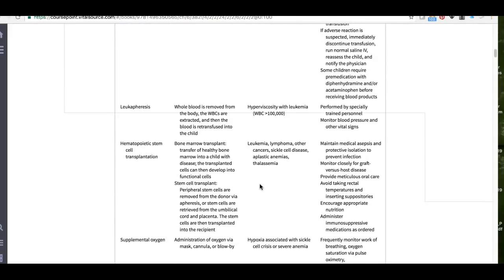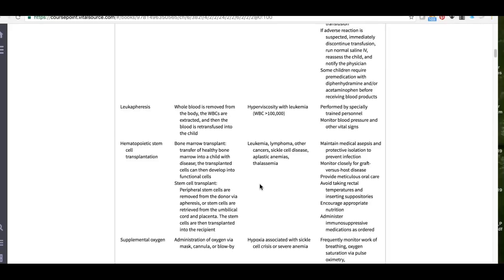Stem cell transplant. We'll talk a little bit about stem cell transplant. It's a 3-phase process, and it's like from worst to best. They put the patient in the hospital.